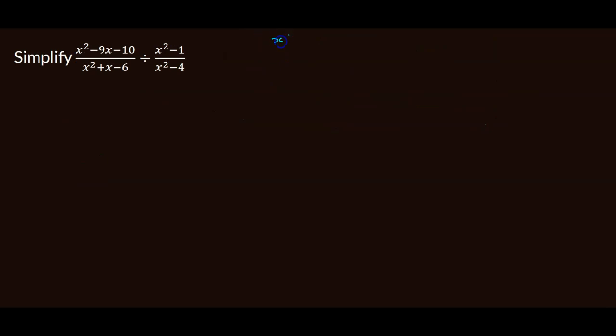We have x squared minus 9x minus 10. This is going to be x minus 10, x plus 1. If you have any difficulty with understanding this, we can go back to the module or the video on factoring quadratic expressions. And then here we have x squared plus x minus 6.